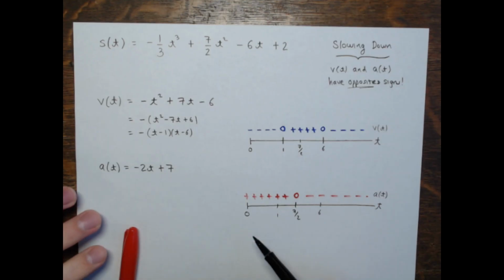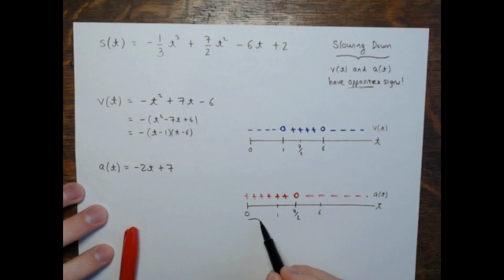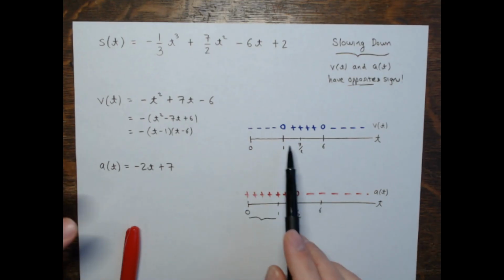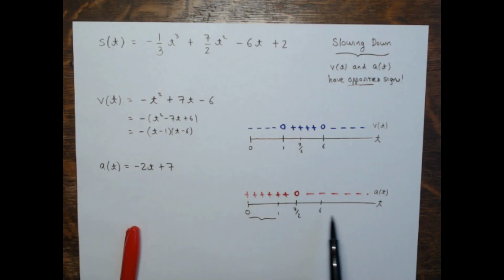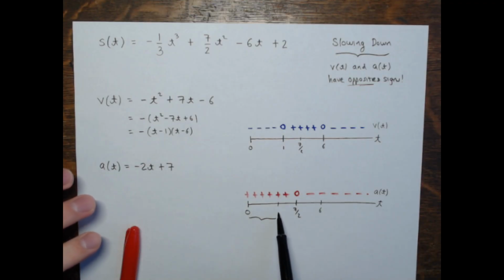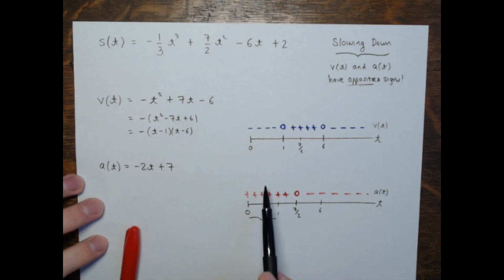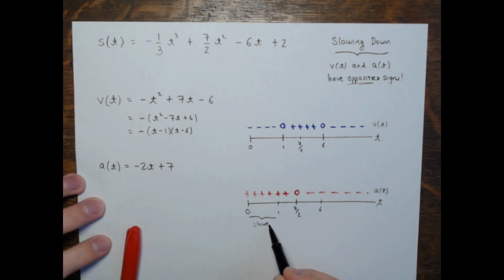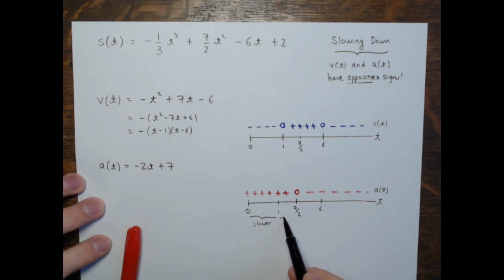So now you look at these intervals of time, from 0 to 1, the special numbers that show up in the velocity and acceleration timelines. From 0 to 1 second, see how they have opposite signs. You're moving left, but the wind's blowing to the right, so you're being slowed down.